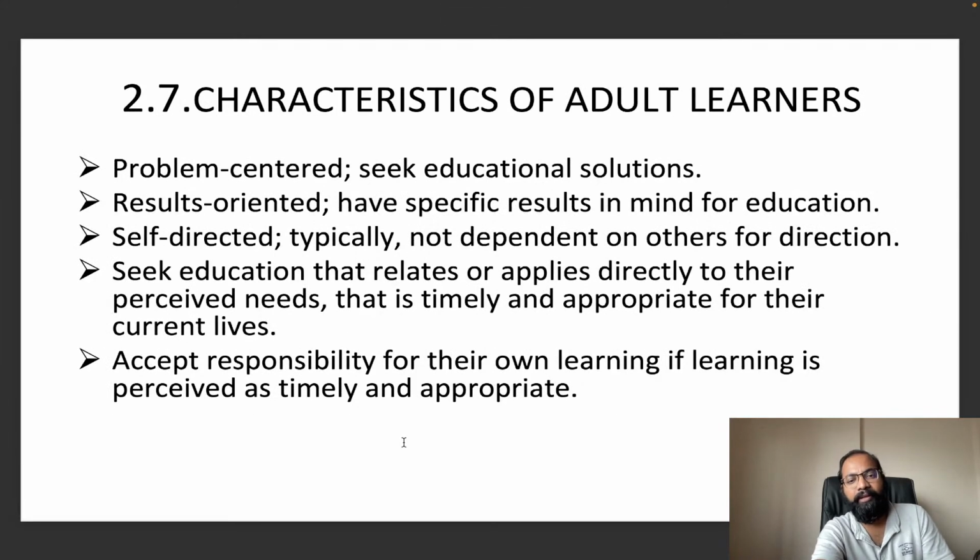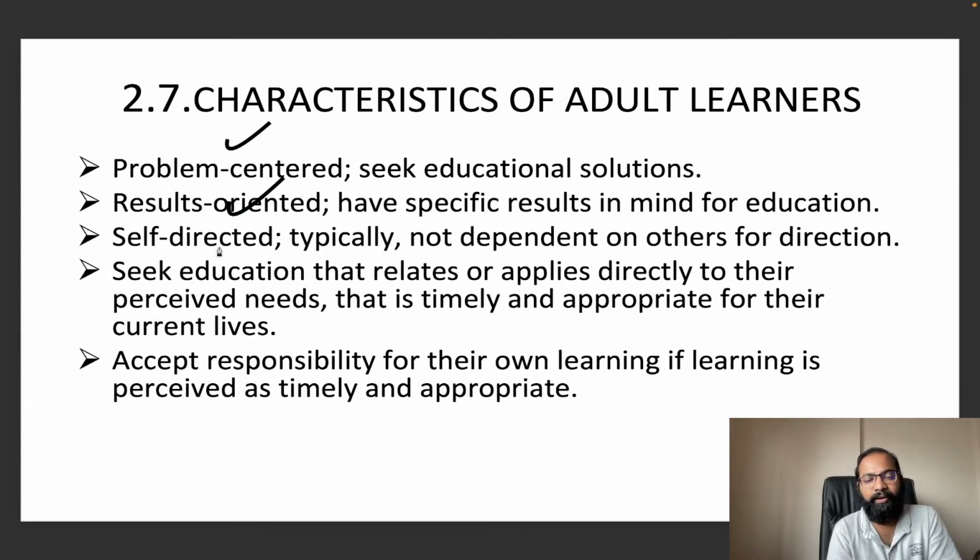Okay. Now, while coming to the characteristics of adult learners, I kept just one slide. So, adult learners always look for the problem-centered. Problem-centered means they will always try to get a solution, whatever the problem might be, either a problem faced in life, or a problem in understanding concepts and all. And adult learners are always result oriented.